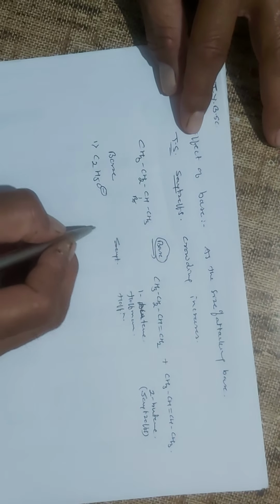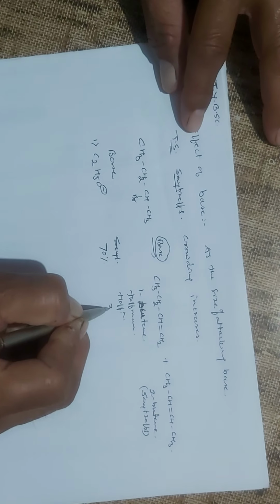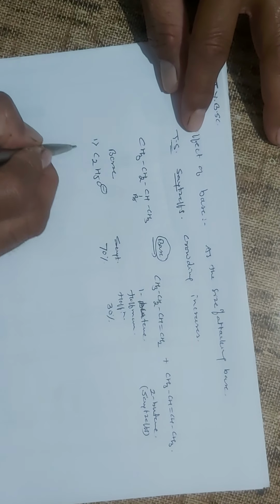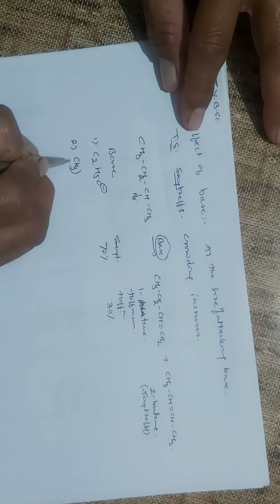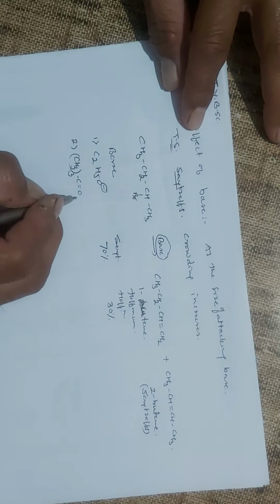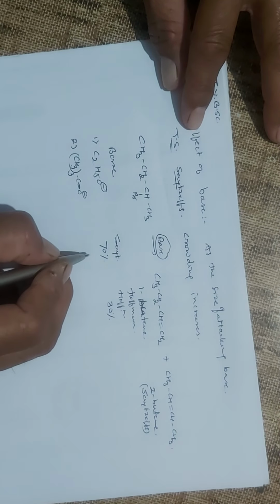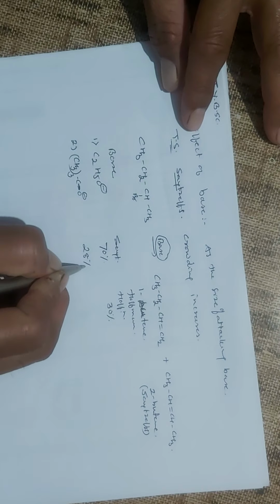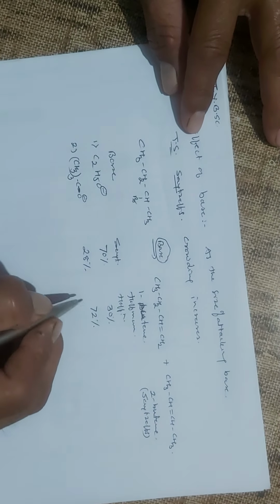Here you get 70% Saytzeff's product and 30% Hofmann's product. But as the size of the base increases from ethoxide to tertiary butoxide ion, here you will get 28% Saytzeff's product and 72% Hofmann's product.